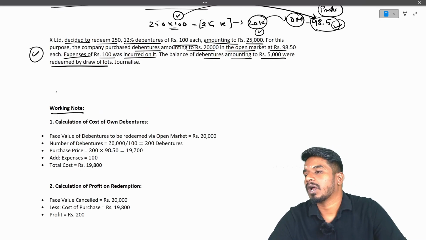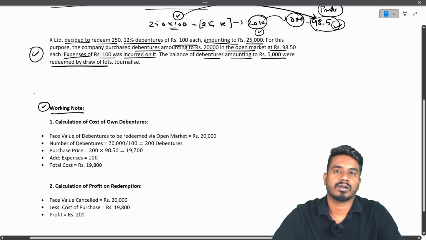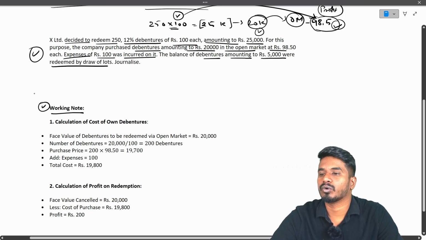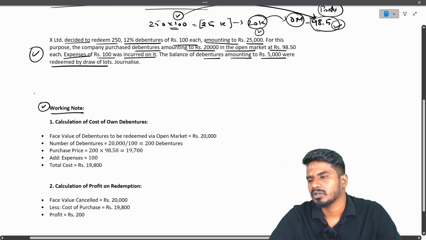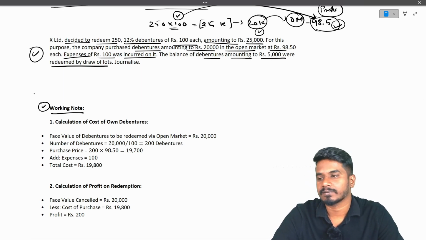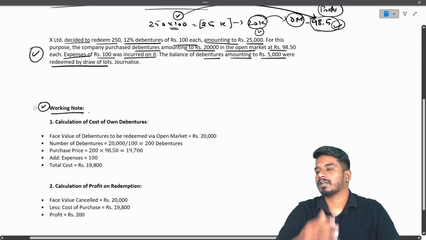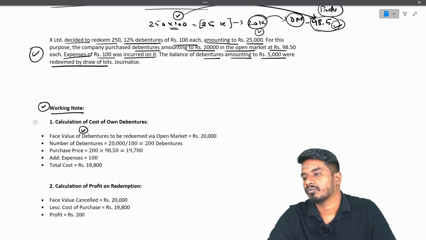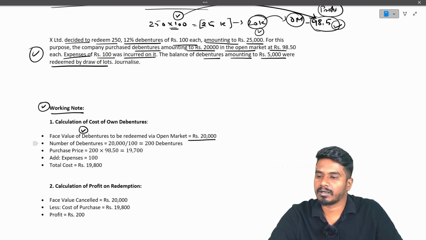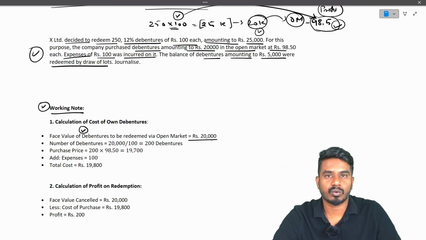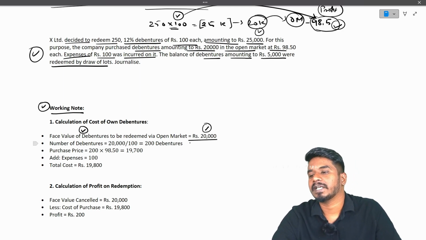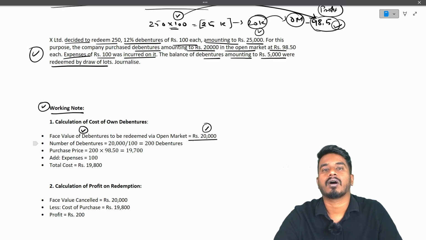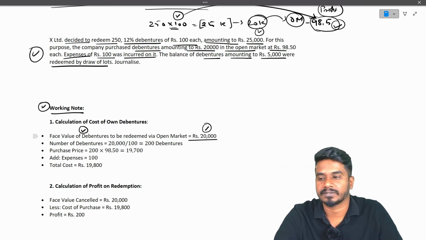I have created some working notes so that it will be easier to solve the question. You can also prepare like this. The first thing, we need to take the face value of whatever we are purchasing from the open market, or how many debentures we are purchasing.